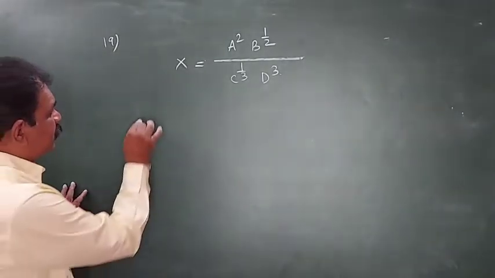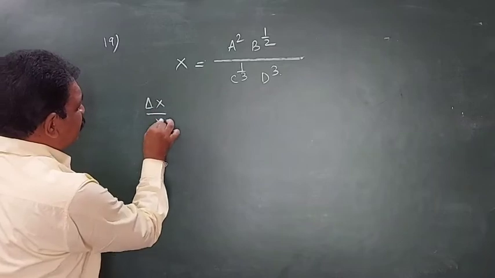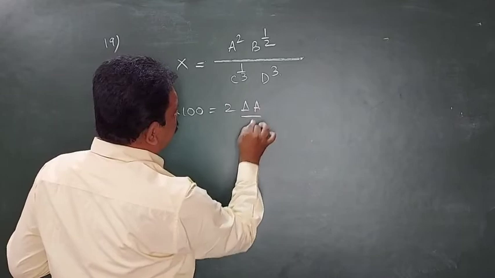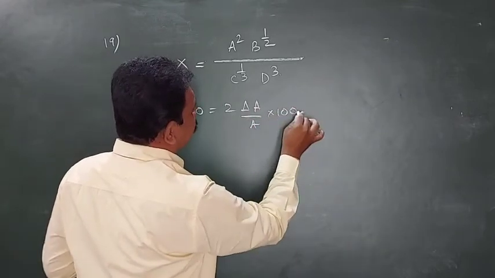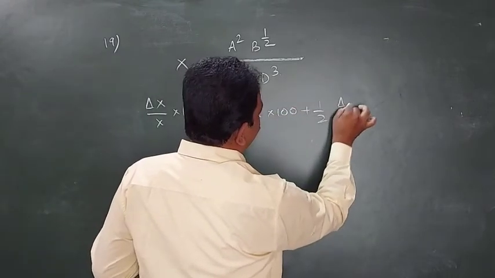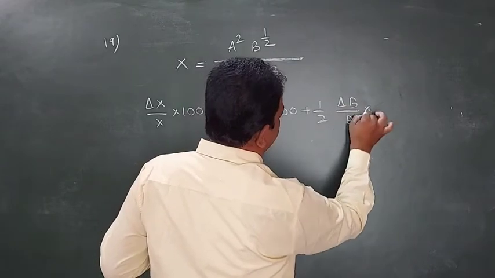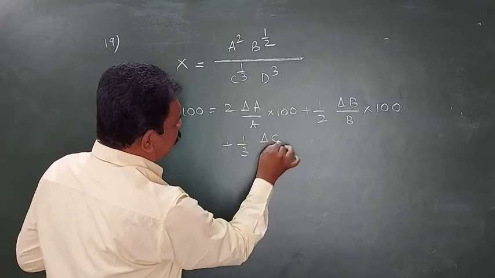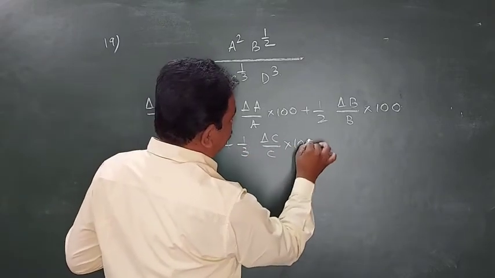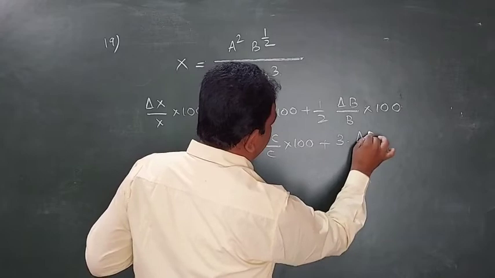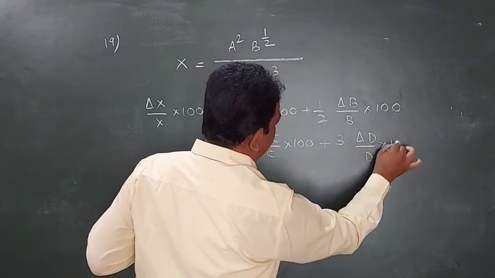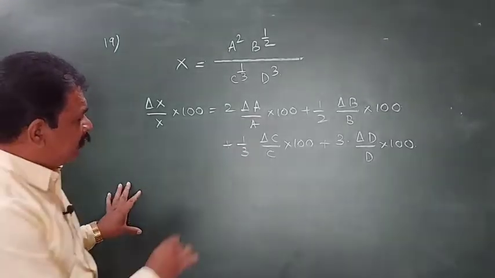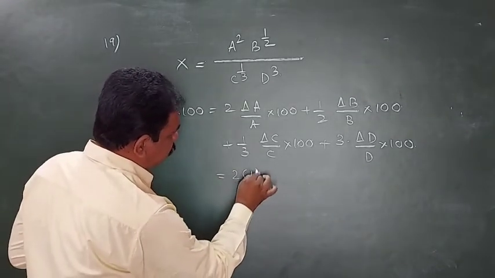That is the question. So delta X by X into 100 is 2 into delta A by A into 100 plus 1 by 2 delta B by B into 100 plus 1 by 3 delta C by C into 100 plus 3 into delta D by D into 100. A percentage error, they given as 1.